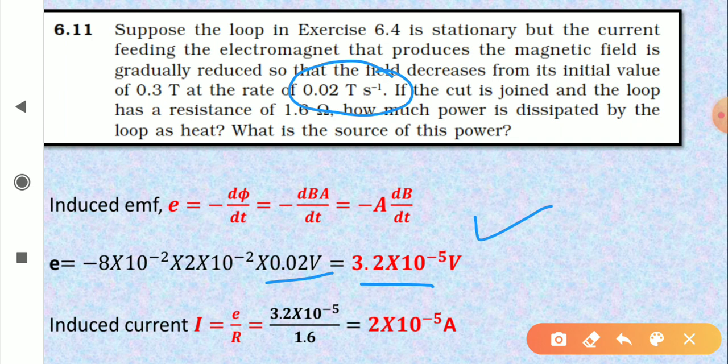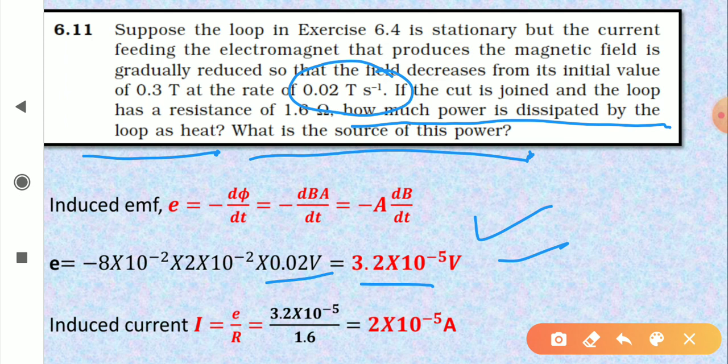Now, how much power is dissipated by the loop as heat? And what is the source of this power? Okay, this is not asked, but we need it. Now, induced current, because to find out power, we need to find out current. So, induced current will be induced EMF upon R, and R is 1.6 ohm.